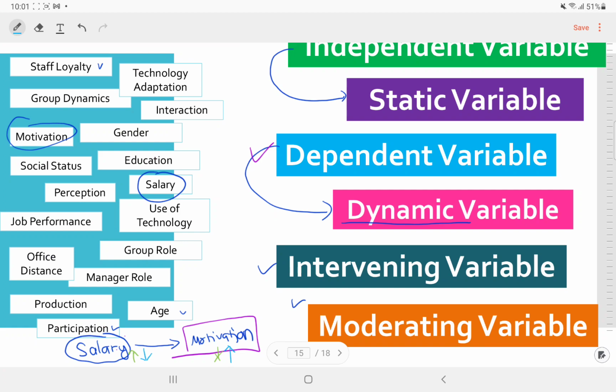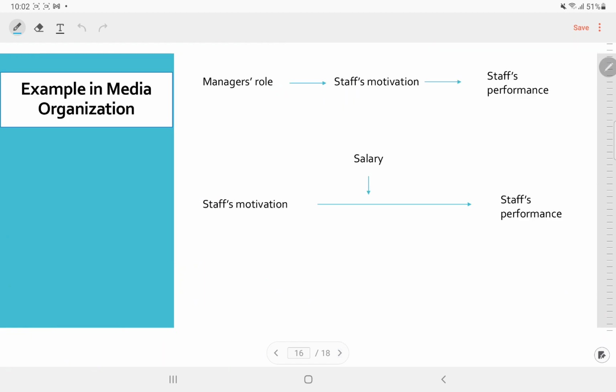And I'm sure that you are still confused about what an intervening variable is and also the moderating ones. Like I have promised, I'm going to explain both intervening and moderating variables.